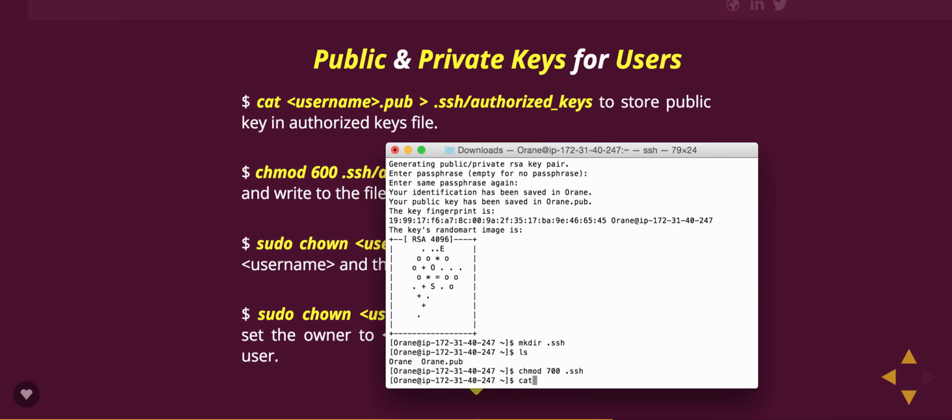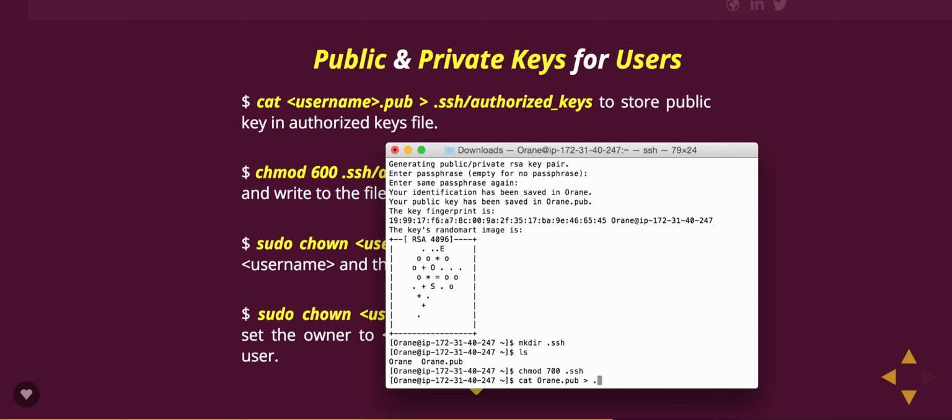So let's do a cat rain.pub, and what that little greater than sign does is that it takes the output of the previous command, which is this one that we just typed, and it puts it as an input to the next command.